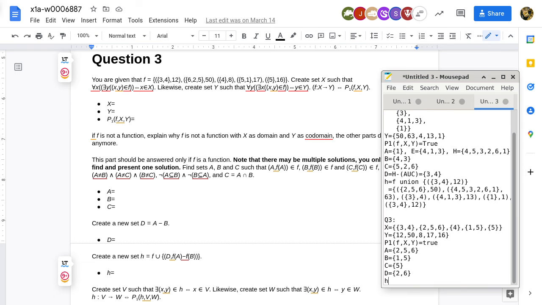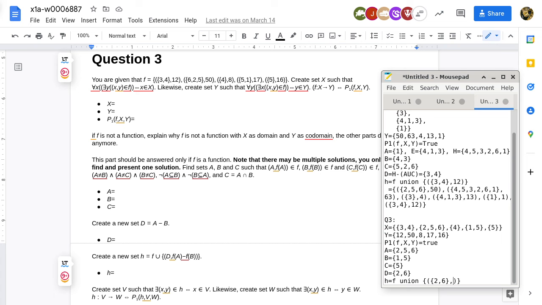All right, moving on to H. So H is basically F union with a set of only one new two tuple. And the first item is D. We know what D is, which is 2, 6. And then the second item is f of A minus f of B. F of A is the application of the function f using A as an argument, which means we're really just looking for the second item corresponding to 2, 5, 6. So 2, 5, 6 has a number 50 next to it.